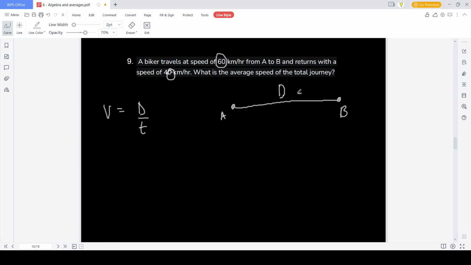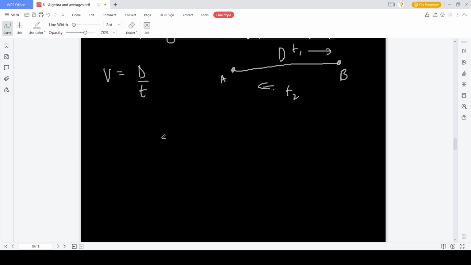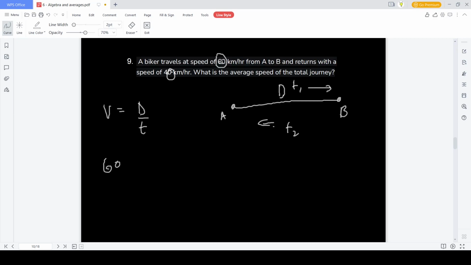So let's say he took time 1 to go this side and time 2 to come back on his journey. So 60 kilometer per hour is his speed, equal to D by the time 1 he took to go from A to B, which implies that time 1 is equal to D by 60.